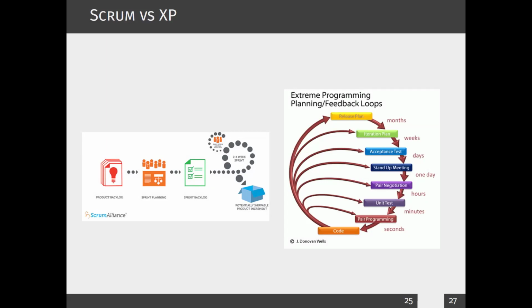Each of the features in the system is taken as a product backlog, and then the user is going to prioritize what to implement first, and then you go to sprint planning, where you decide which backlogs you are going to implement within 2 to 4 weeks time.